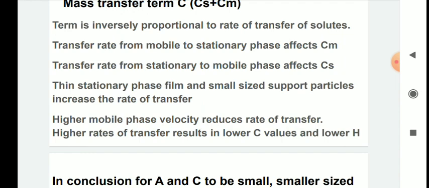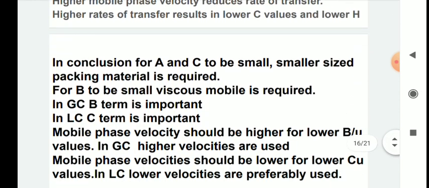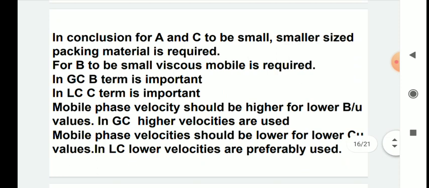So in conclusion, for A and C to be small, smaller packing material is required, and for B to be small, a viscous mobile phase is required. In GC, the B term is important. In LC, the C term is important.